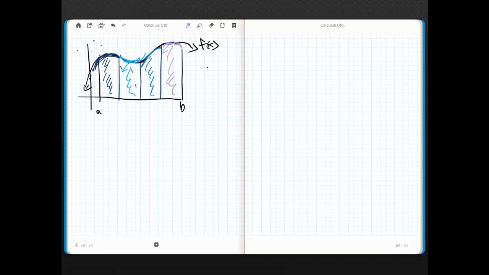Because it takes care of the curvature of the function, whereas these clunky rectangles and trapezoids either over-approximate or under-approximate, and they rely a lot on luck as far as being accurate. Remember with the midpoint, because it over-approximates on one side and under-approximates on the other, typically, but not always, it relies a lot on luck, whereas this picks these curves up pretty nicely, doesn't it?